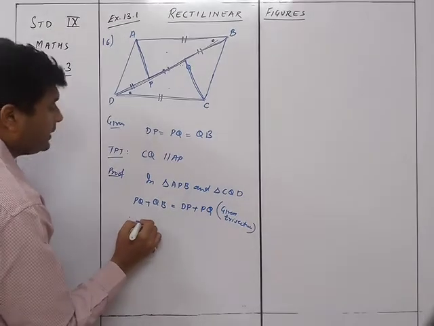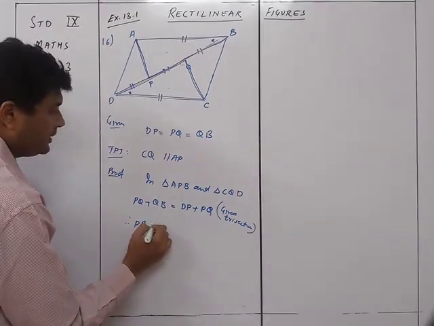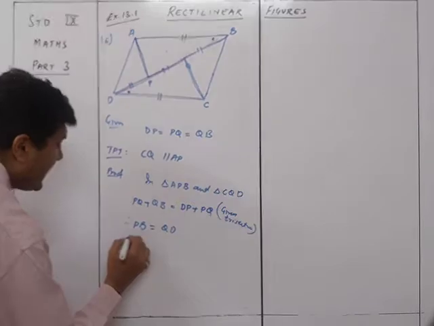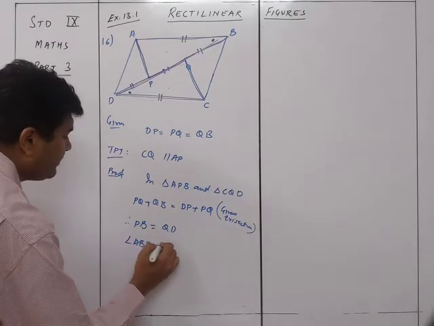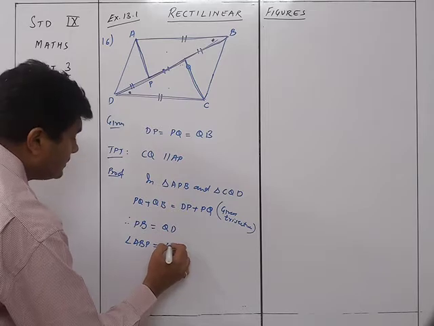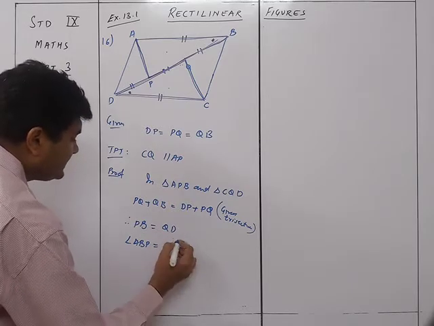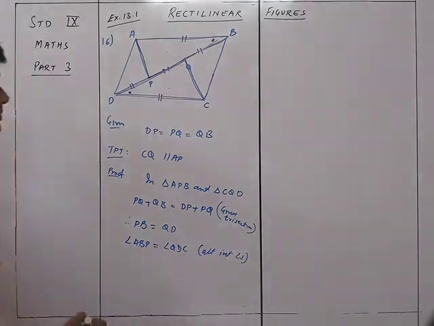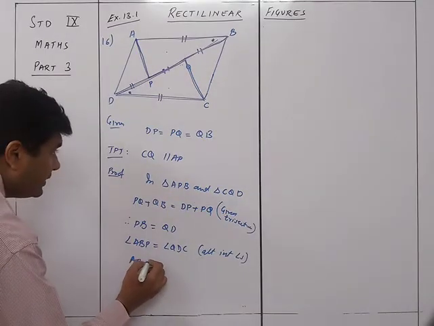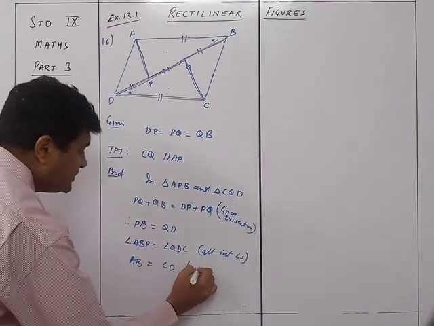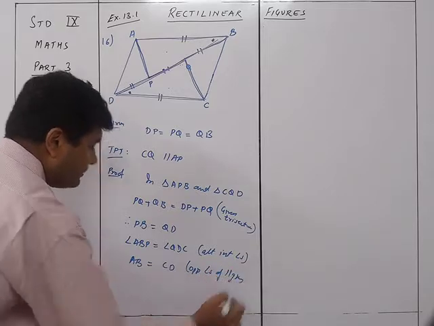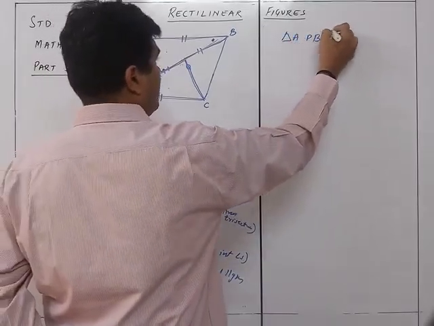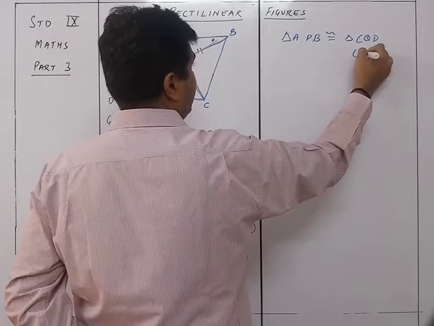Therefore, PB is equal to QD. The next is angle ABP is equal to angle QDC, alternate interior angles, and we know that AB is equal to CD, opposite sides of a parallelogram. Therefore, triangle APB is congruent to triangle CQD by SAS test.